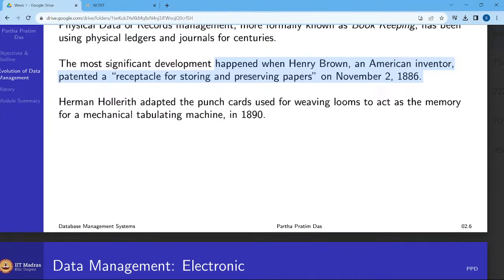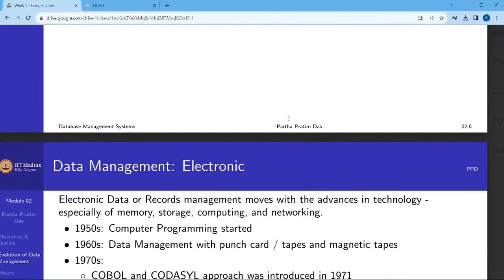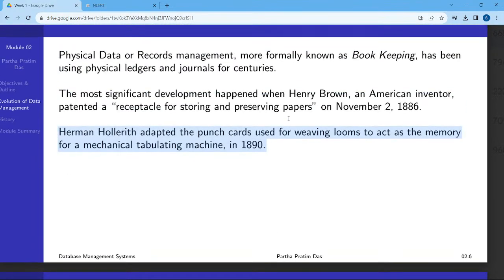And Herman Hollerith adapted the punch cards used for weaving looms to act as memory for a mechanical tabulating machine in the 1890s. So should we see this one? Let's see a picture of it.